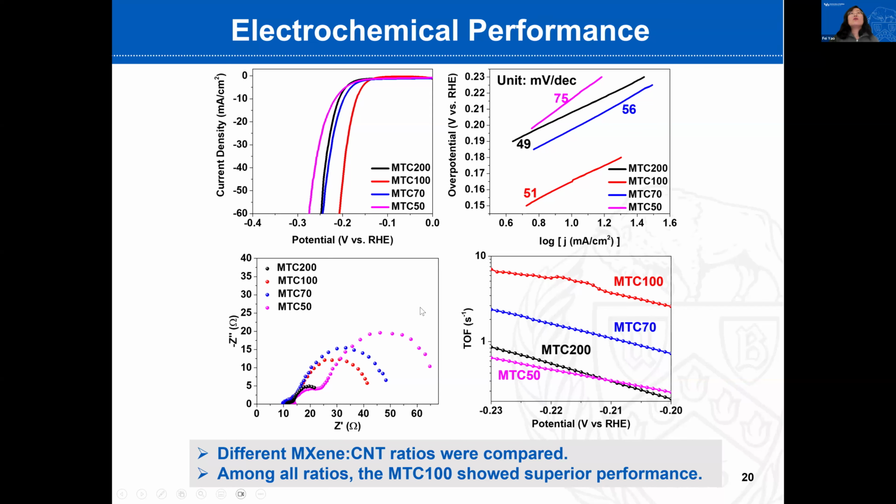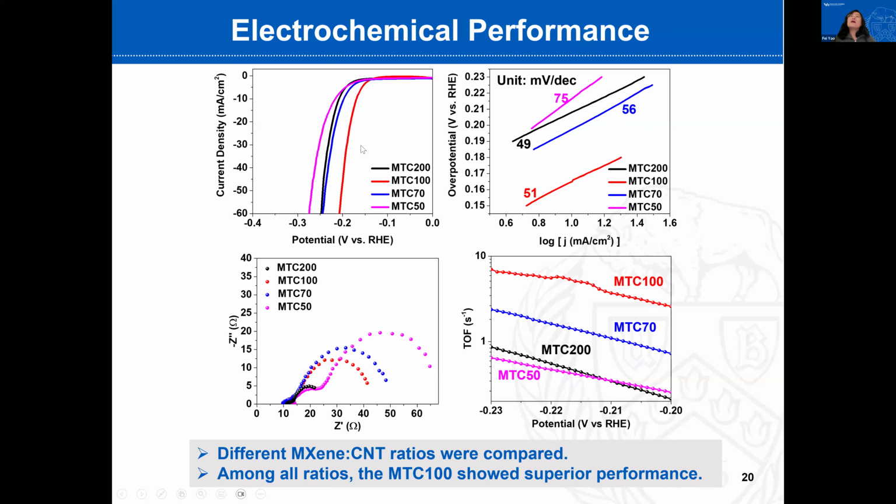So, of course, you would notice that the MTC 200, which is represented in this black curve here, has the lowest charge transfer resistance and also one of the lowest Tafel slopes among all of the composition ratios.